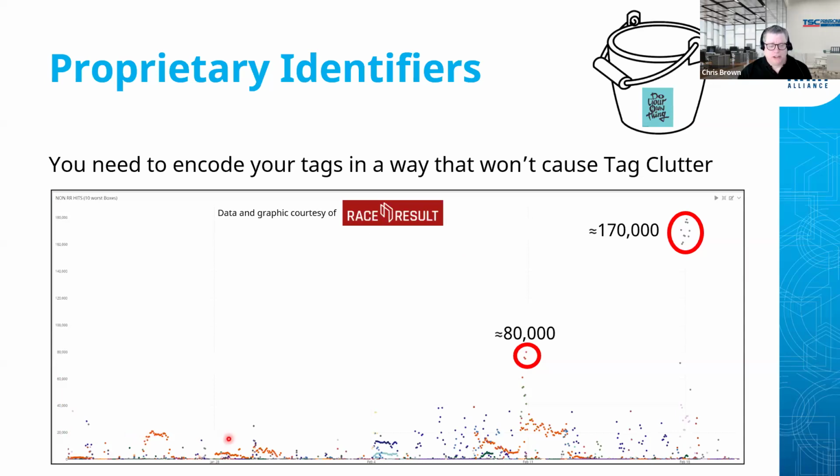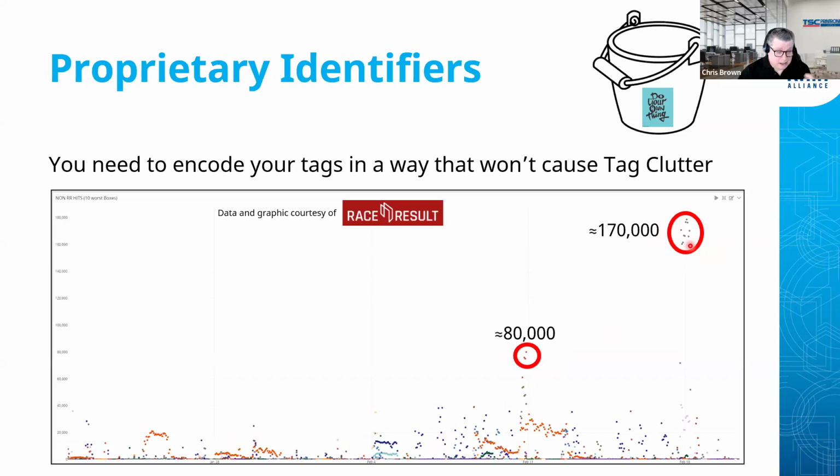Regularly, they're getting 20,000 tags that they are not interested in. They're picking up 20,000, 40,000. Even at certain points, it got as high as 80,000. And another time it got up into the 170, 180,000 tags that they were not interested in.